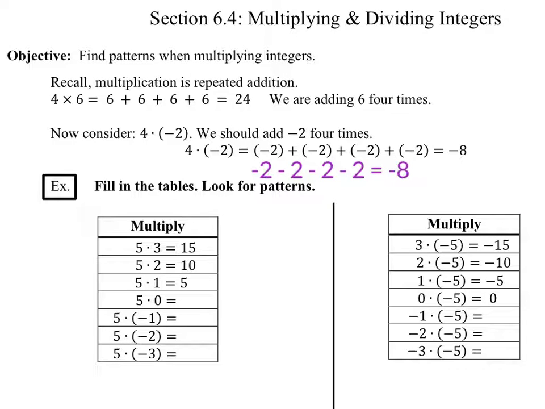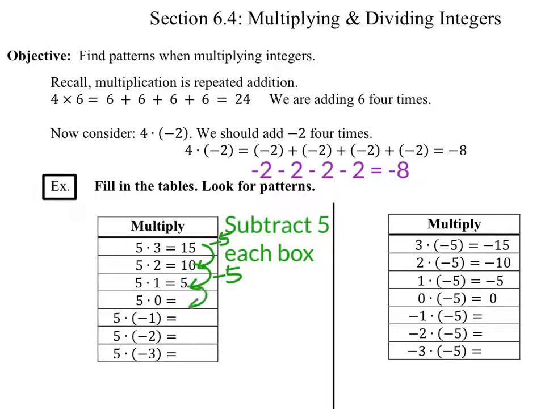Now in this first table, we're multiplying. We're starting at the top and going down. 5 times 3 is 15. 5 times 2 is 10. 5 times 1 is 5. The pattern that we're really looking for in this table is to see that we're subtracting 5 each time. If we look at the table here, between these two it shows -5, and between these two it shows -5.